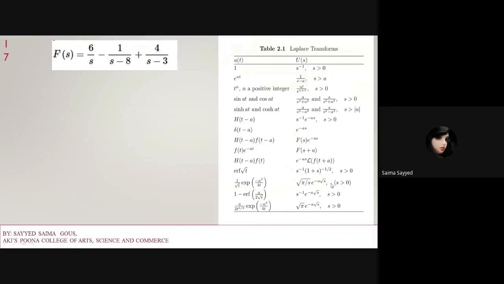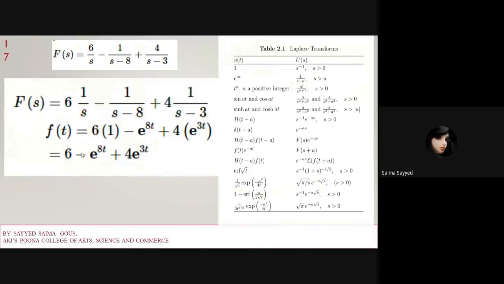This is the table of formulas of Laplace transformation. Here we'll use 1 upon s is unit step, that is 1. Then 1 upon s minus a is given by e raised to at. So we'll use these particular formulas. Here F of s equals 6 into 1 upon s minus 1 upon s minus 8 plus 4 into 1 upon s minus 3.